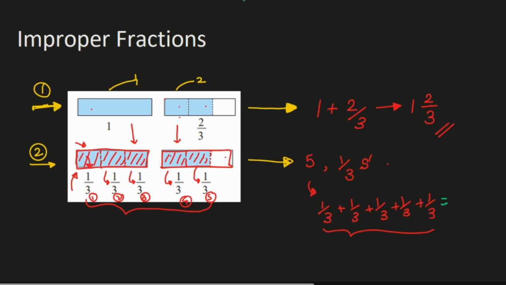So we can add the numerators, right? So 1 plus 1 plus 1 plus 1 plus 1. So it's 5. Since all the denominators of these fractions are equal to 3, then the answer's denominator as well equals what? 3. So now we can write the same colored figure's fraction as 5 upon 3.